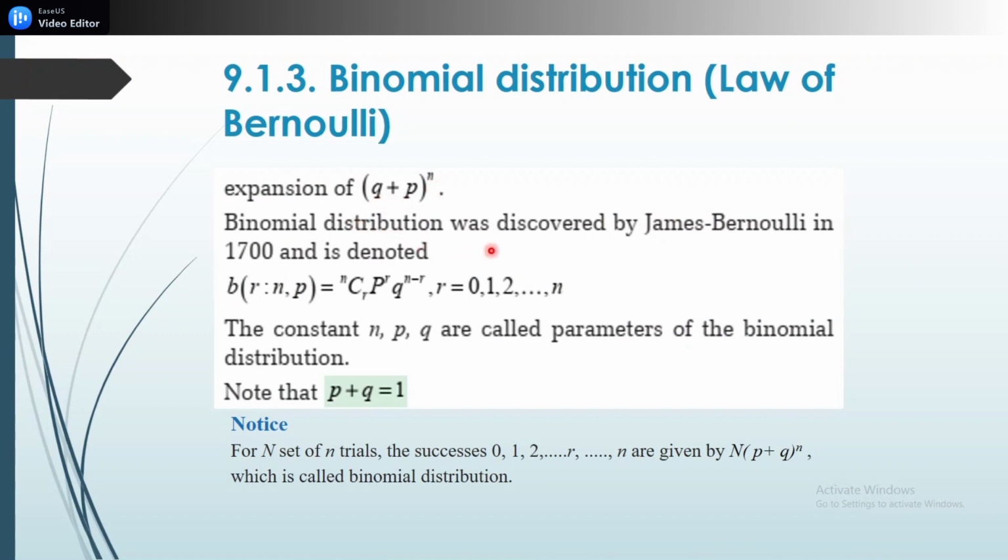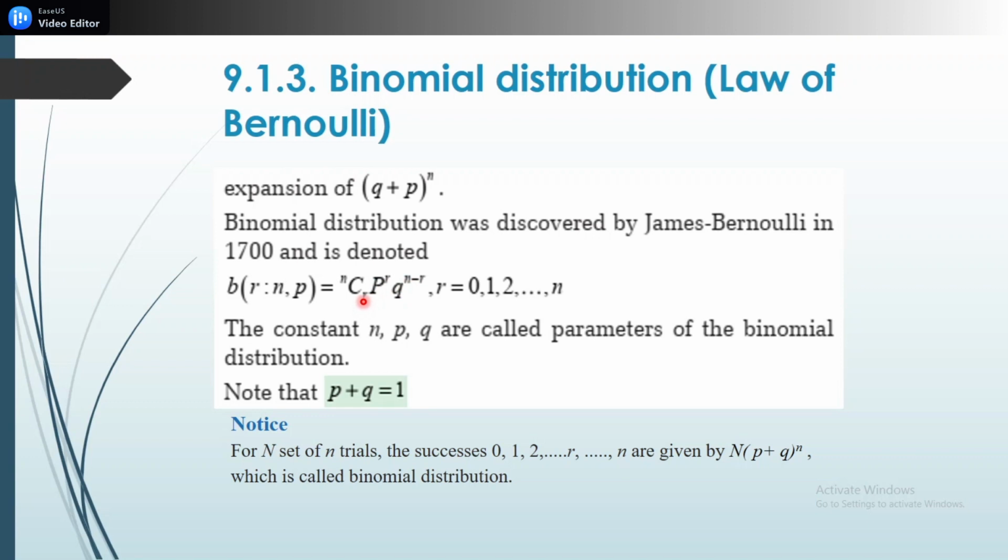Binomial distribution was discovered by James Bernoulli in 1700 and is denoted by B(r; n, p), which is based on the probability of success, equal to the combination of r in n times probability of success to the power r times probability of failure to the power n minus r.